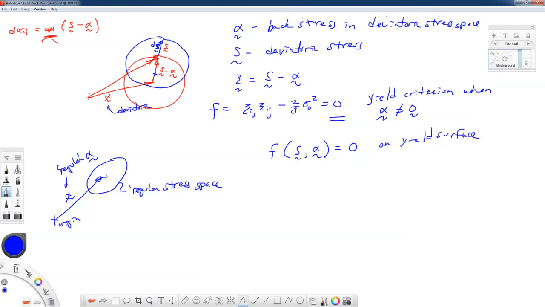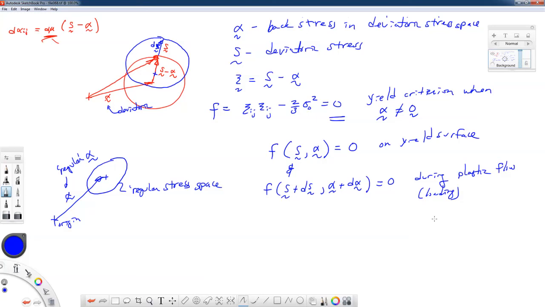And if I apply an increment of stress, and going with that an increment of my back stress, even during that whole movement and application of the stress increment, that yield function must still be 0 if I'm loading my material. So what that says is that f of S plus dS and alpha plus d alpha also have to be 0 during my plastic flow, either neutral loading or loading.